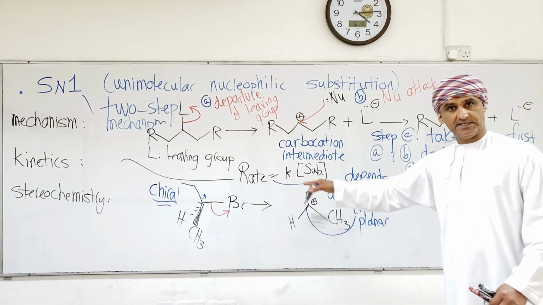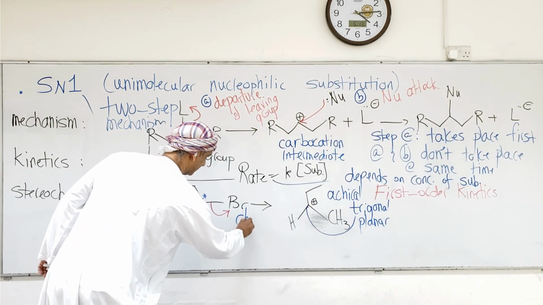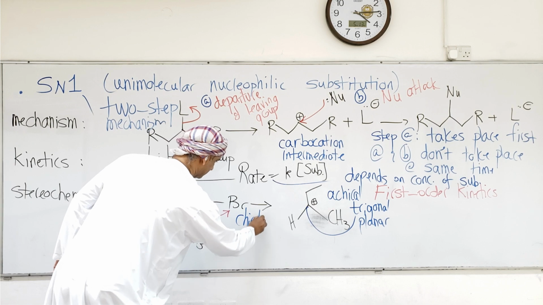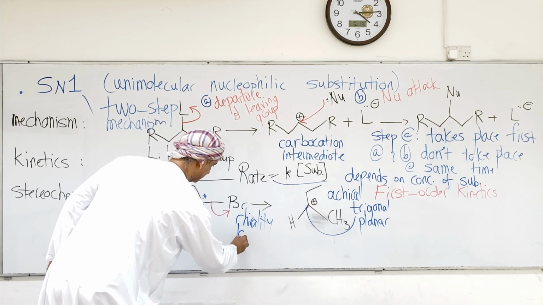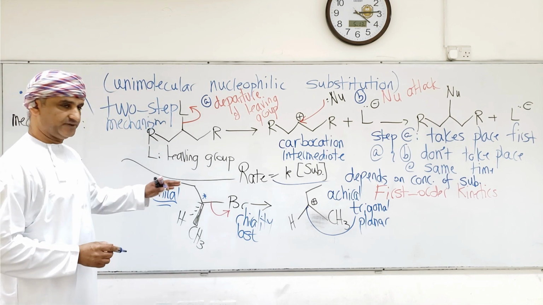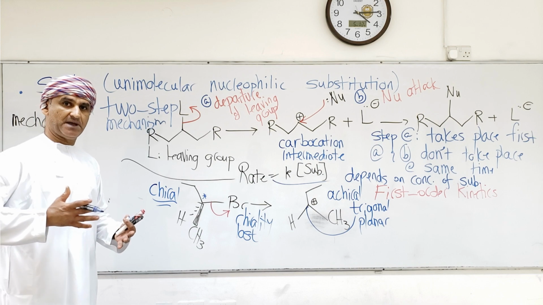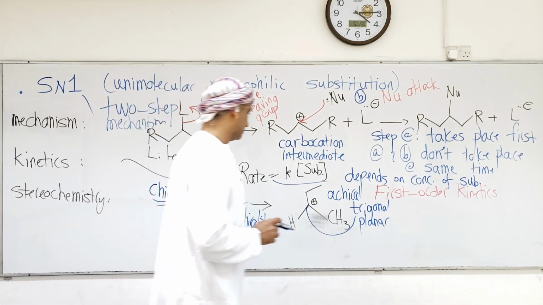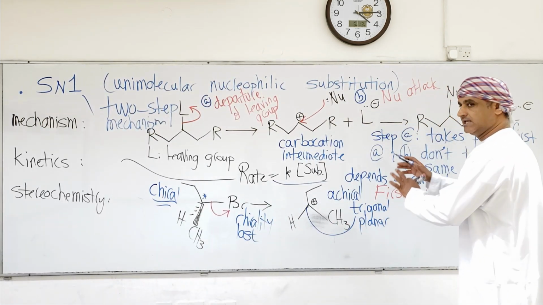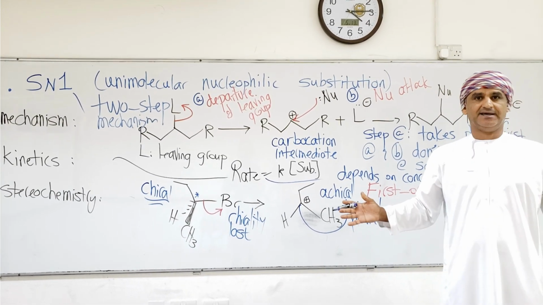Chirality in this step is lost. A very important feature of the stereochemistry observed in SN1 reaction in comparison with SN2 reaction. So an incoming nucleophile is now going to attack a planar carbocation.